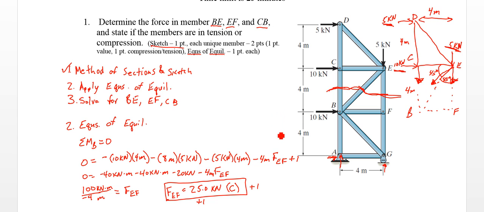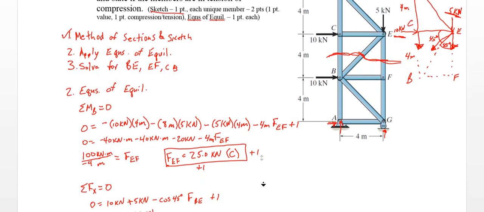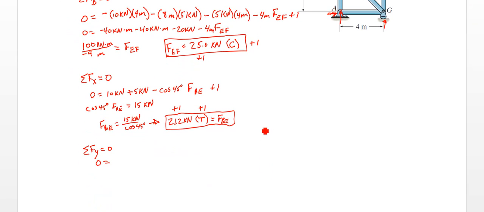So we've got, coming back down, EF is in compression, which means it's pushing on its joint, so that's plus. So I'm going to do that 25 kilonewtons from EF there, minus a 5 kilonewtons at E. BE is down, so I'm going to have minus sine 45 degrees times 21.2 kilonewtons.